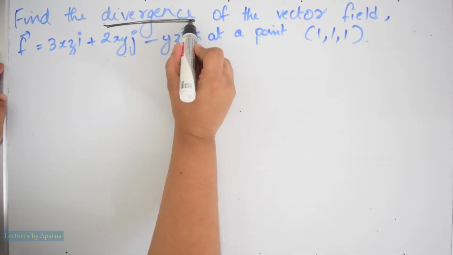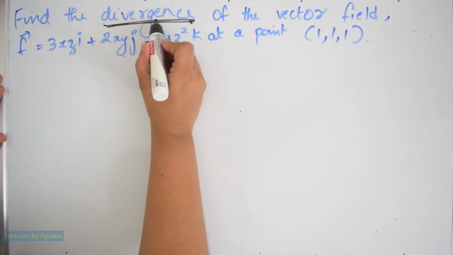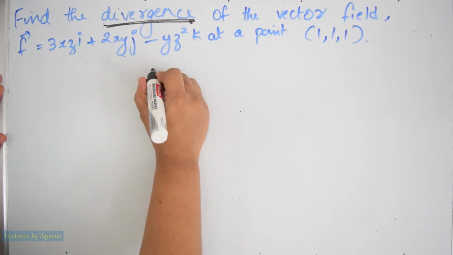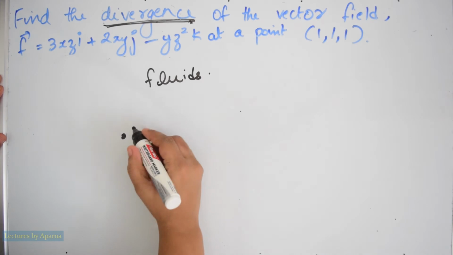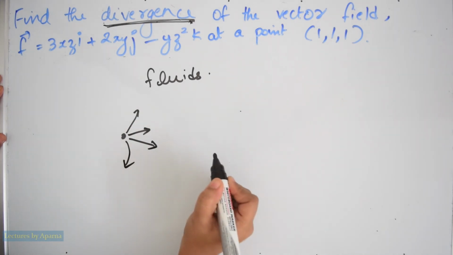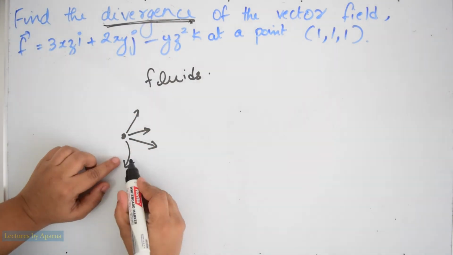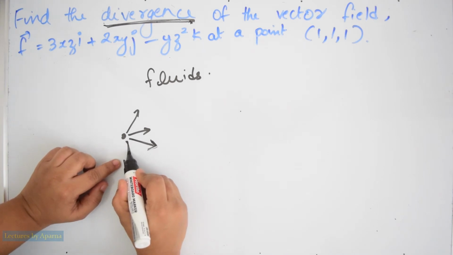We have to find the divergence of the vector field. What is the concept of divergence? This mainly comes in the case of fluids. If there is a hole and fluid is coming out of it, divergence gives the density of that fluid that is coming out at a particular point.